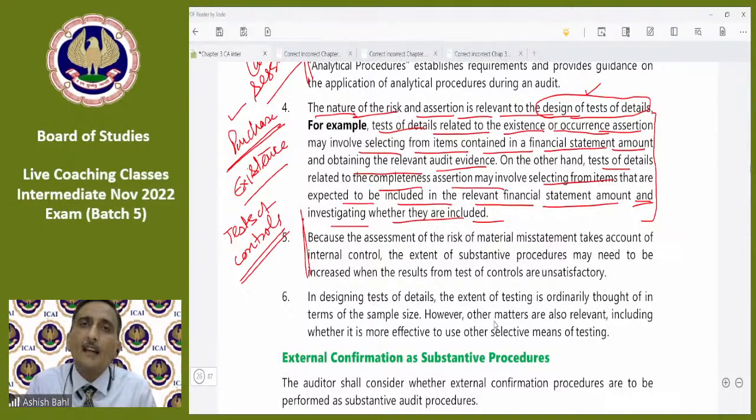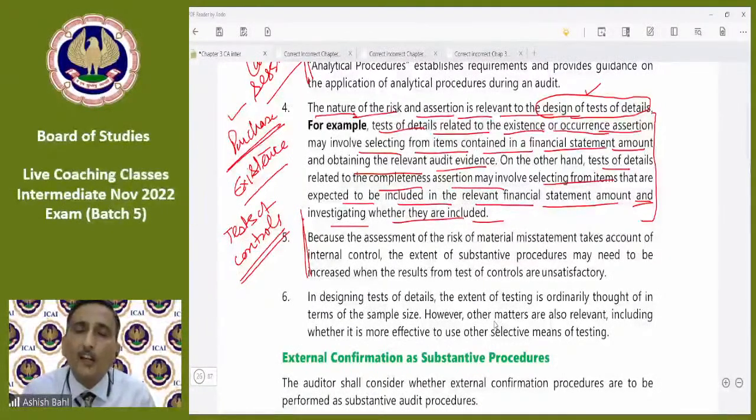Say if he might have taken a sample size of 25%, now he may come to 10%. In that way, both tests of controls and substantive procedures are important, because we had read in chapter 1 that the auditor does his work on a sample checking basis. He does not check each and every transaction.